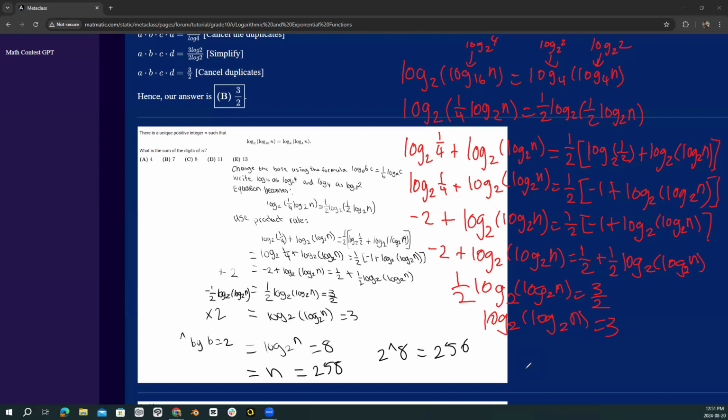Now that our equation is like this, we can exponentiate everything by the base of 2 again, which means this would cancel out. That gives us equals 8, because we're exponentiating everything by the base of 2.